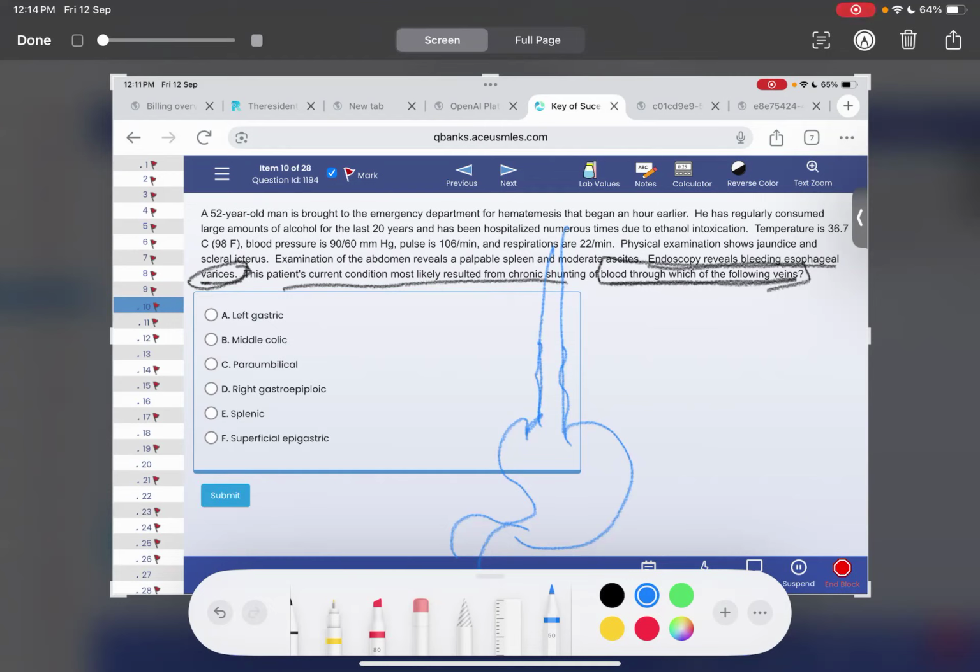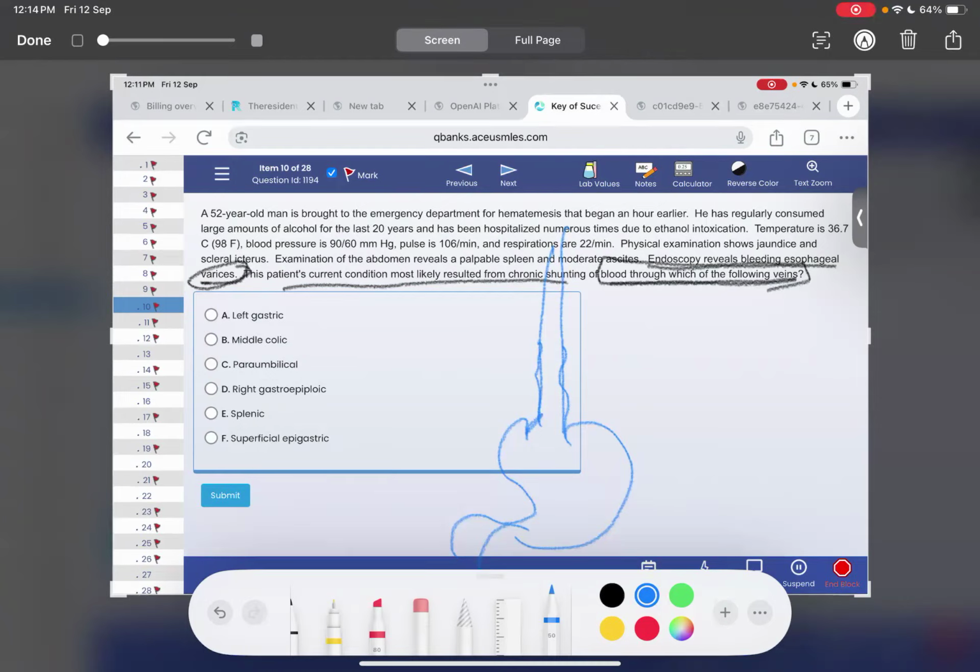A 52-year-old man is brought to the emergency department for hematemesis that began an hour earlier. He has regularly consumed large amounts of alcohol for the last 20 years and has been hospitalized numerous times due to ethanol intoxication. Temperature is 36.7, blood pressure is 90 over 60, pulse is 106, respirations are 22.